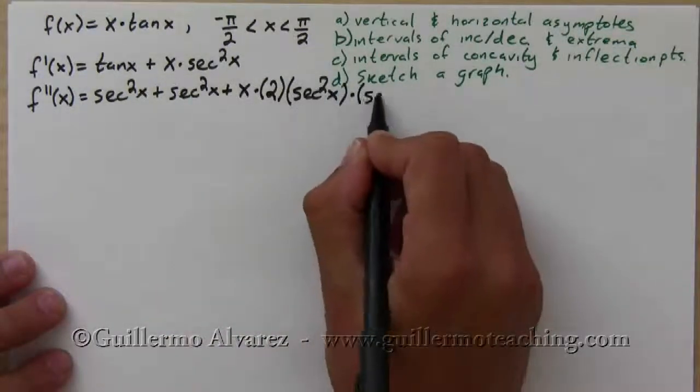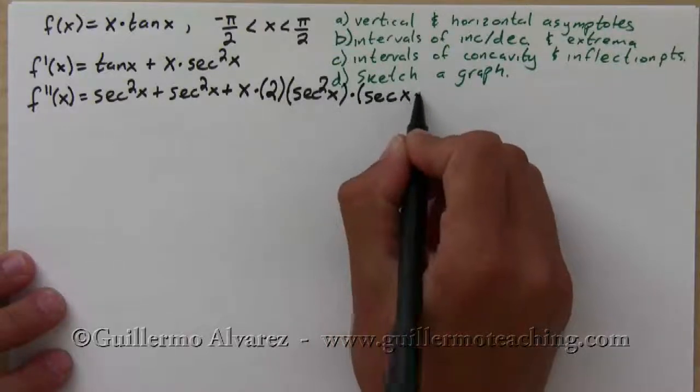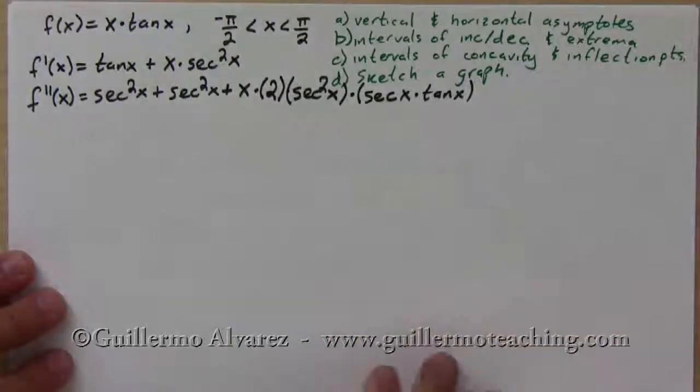Well, the derivative of secant is secant x times tangent of x.